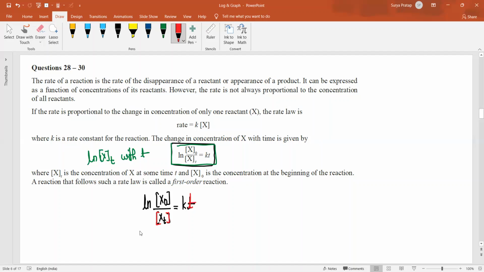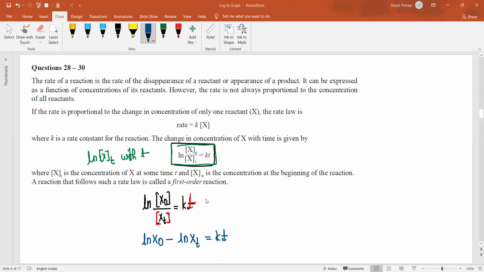What is the relation between them? Any one of you? Drisha, would you like to tell this? Do you just subtract, ln of x naught minus ln of xt? Perfect idea. We can apply this approximation: log x naught minus log xt is equivalent to kt.